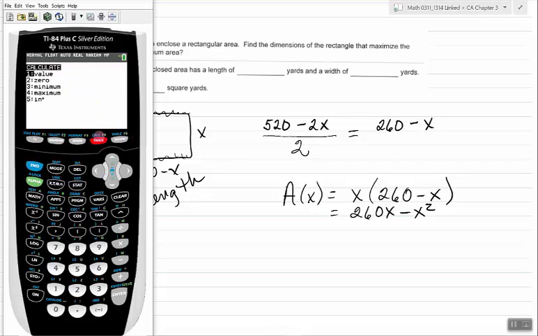Whoops. Come back. Second, calc, maximum, enter, enter, enter. So this would become 130, and this would be 16,900. So I'll write those numbers down.